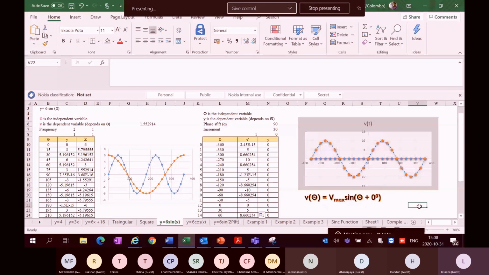When I drew the theta axis, I put certain values for theta and calculated this particular equation under this column. Then after that, these two columns were put into a graph by using the graphing facility of Excel, and that is how this particular graph came.